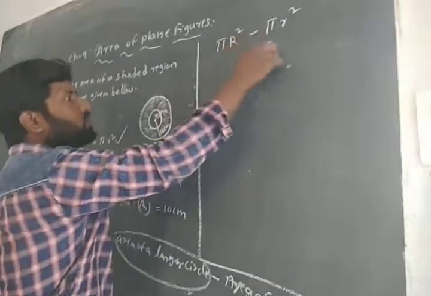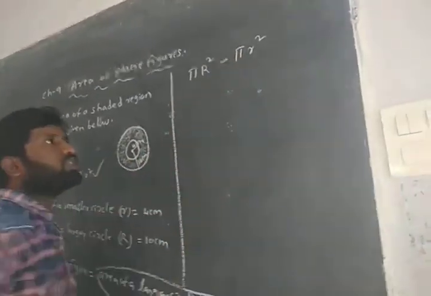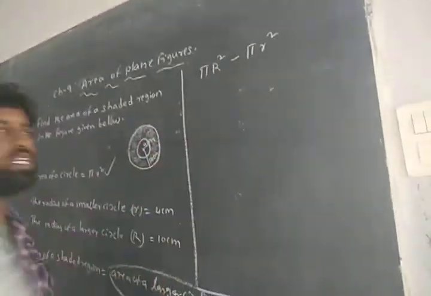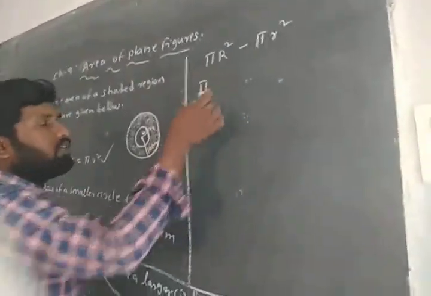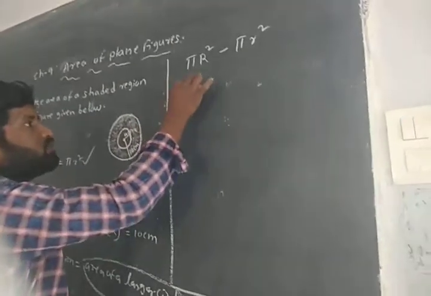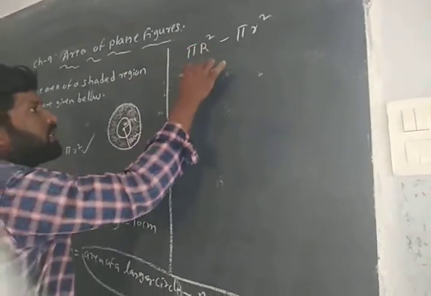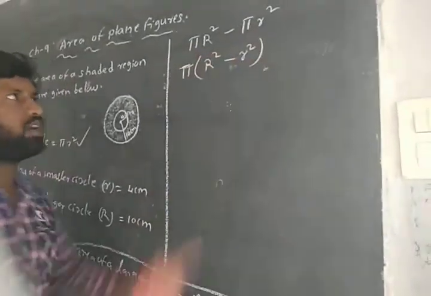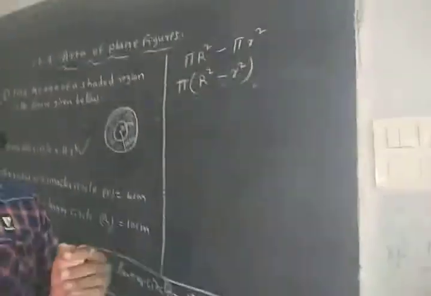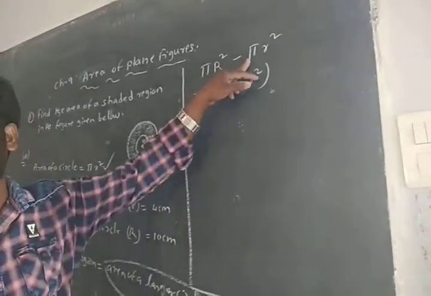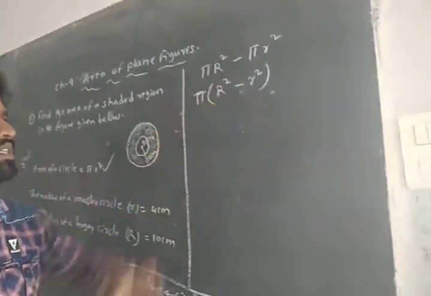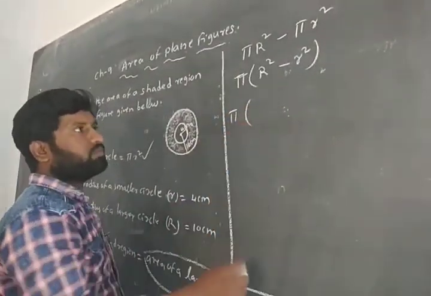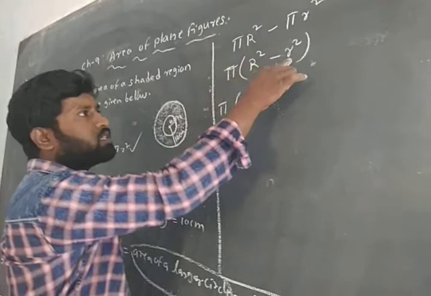In both of these, pi is common, so I take out the common pi. Then we get pi times capital R square minus small r square.